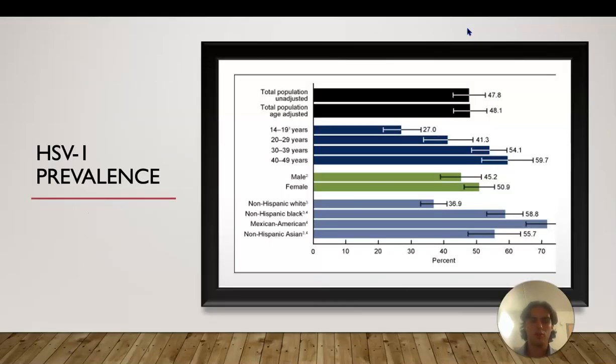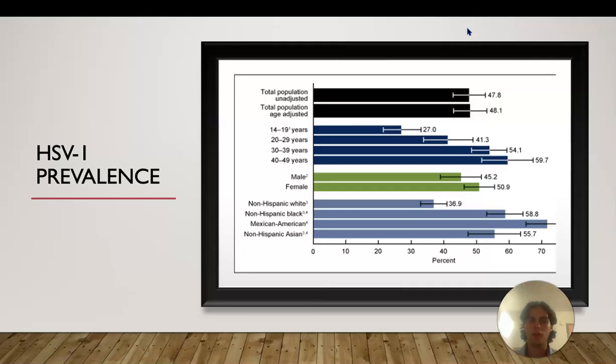So let's look at the prevalence. For HSV1, the age-adjusted total population prevalence is almost 50%. So this is a common disease. People do get this virus a decent amount. At ages 14 to 19, there's a 27% chance that a person will have it.